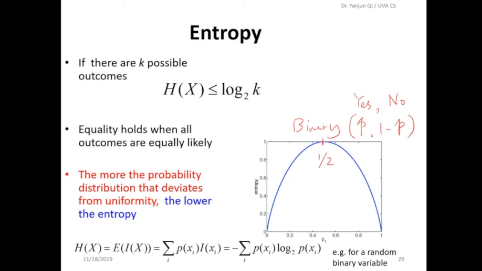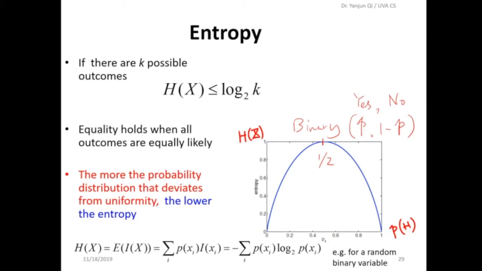Let's use a Bernoulli variable to represent its distribution, because there's only one parameter. We can represent H(x) here, and this axis is p(head). If the p(head) is 1/2, it means a completely uniformly distributed Bernoulli variable, right?